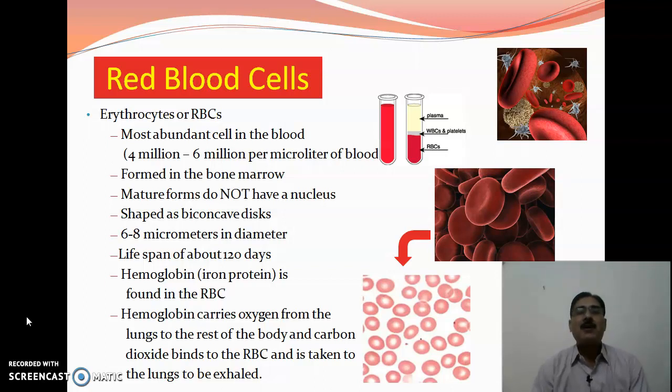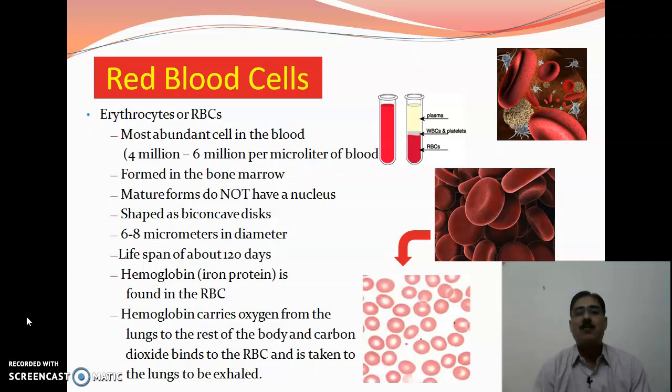They are the most abundant cells in the blood. Approximately 4 to 6 million RBCs are present per microliter of blood. They are formed in the bone marrow, and in the case of mammals, the mature RBCs do not have a nucleus. Exceptions are there.